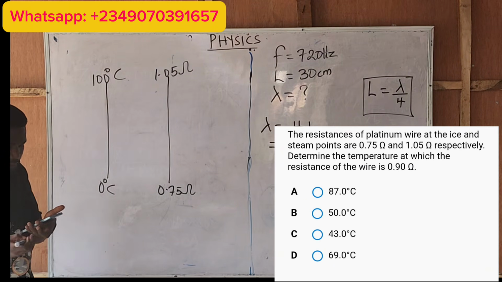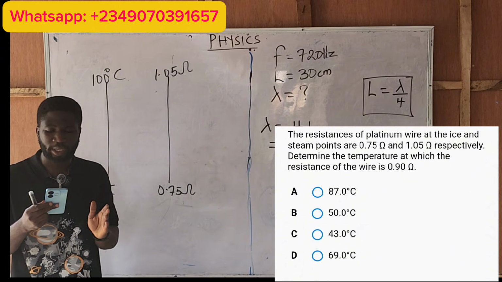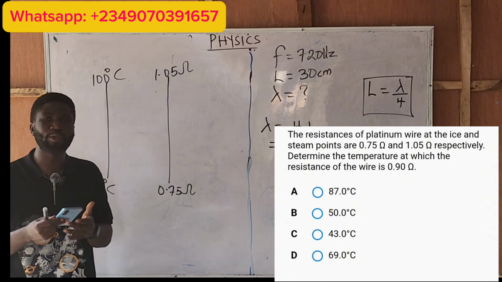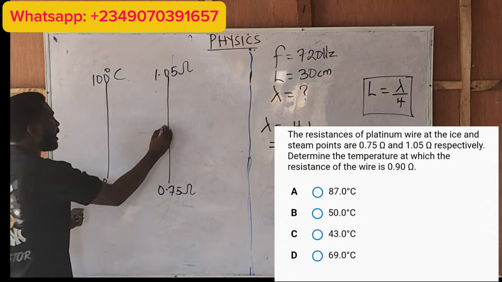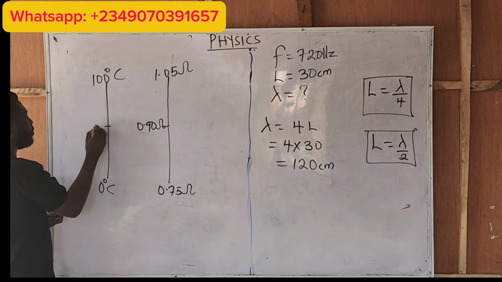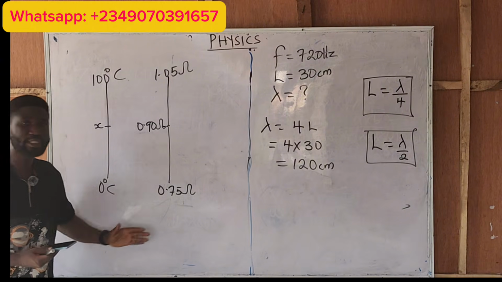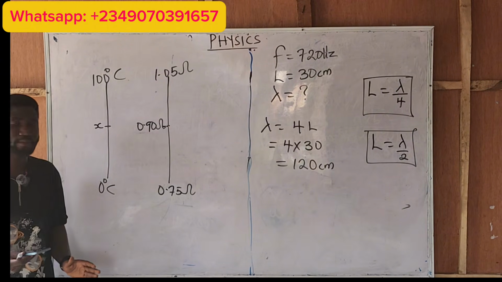So the question says determine the temperature at which the resistance of the wire is 0.90 ohms. So when you have this now to be 0.90 ohms, what will be the value on the Celsius scale? To do this, you need to be very, very careful.